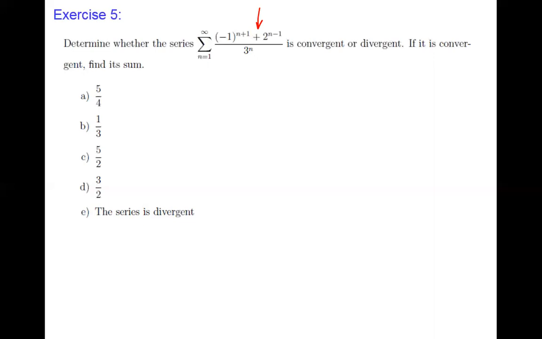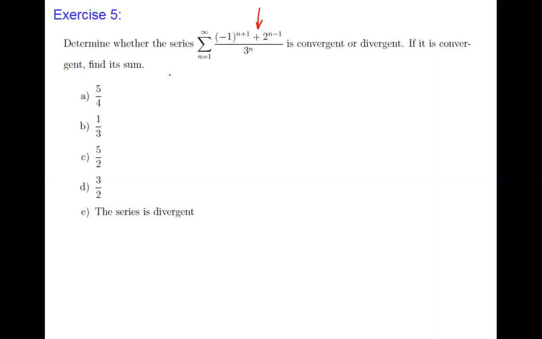The only thing is, I can say yes, this is a geometric one, because n is placed in the exponent only, in the power. But the plus is a little bit not helpful at the moment. How can I interpret this? I can see this as an addition of 2 geometric series. Let's split, get 2 sums, add them together if they exist, of course, and get the final answer.